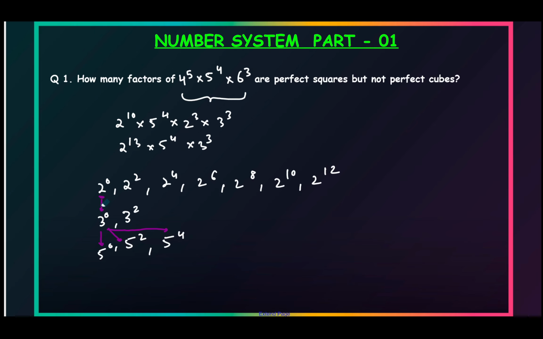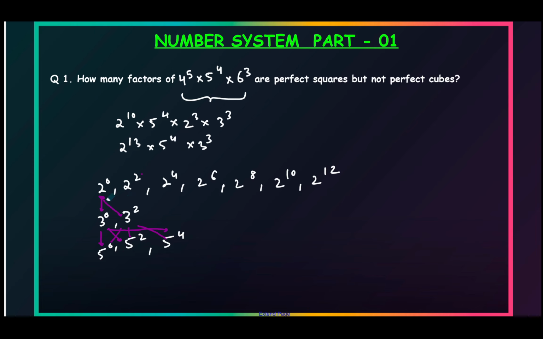Now again, the first number will be the same, but here we are taking 3 to the power 2, and then the same 3 different combinations with the powers of 5. Now you can see that with each number we are getting 6 combinations.